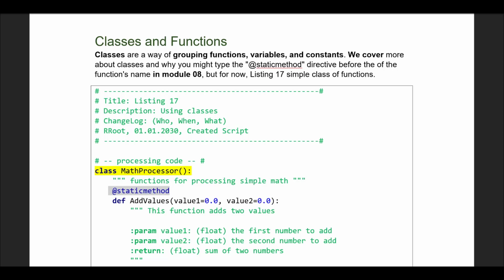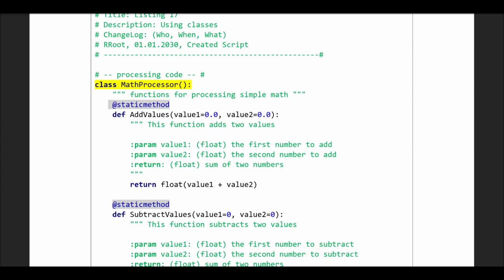And we're going to definitely take a look at how to make classes and make use of classes, and things like why do I use the static method keyword or declaration or directive before my method when I put my function in a class, in Module 8. But for now, I just want to give you a heads up look at what this might look like, and ask for you to try to do this in your homework assignment.